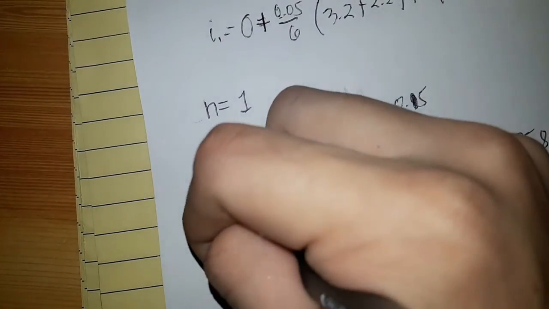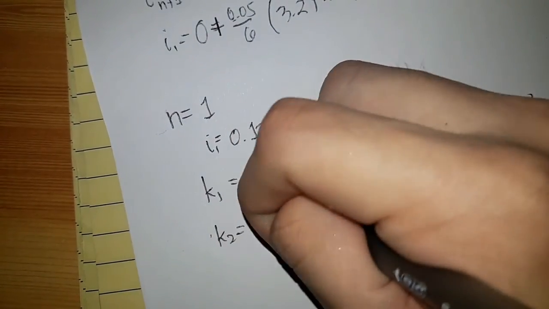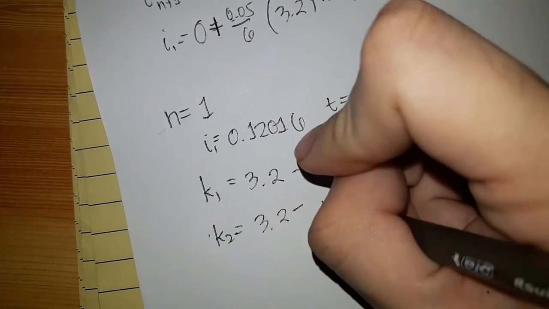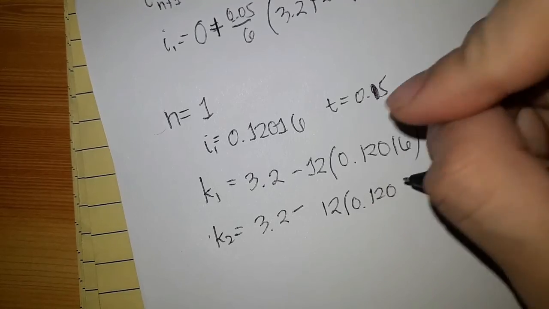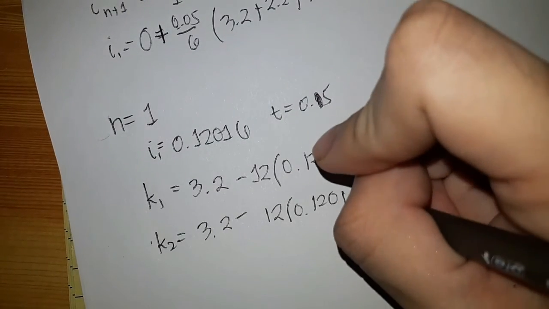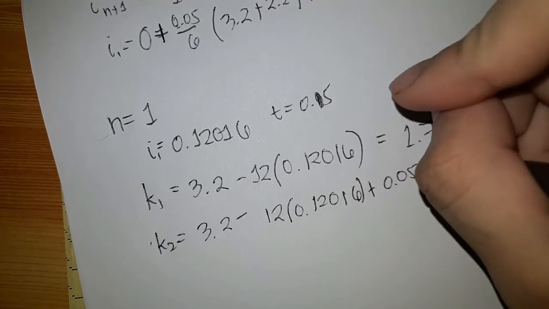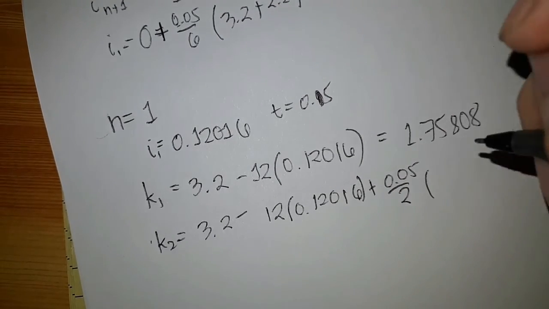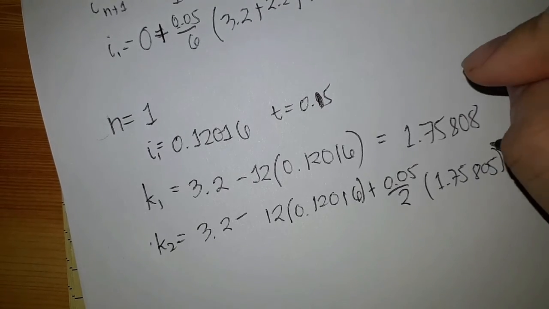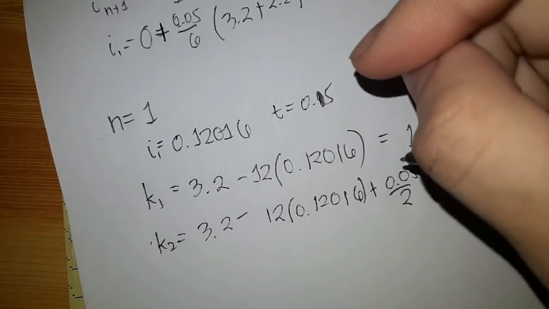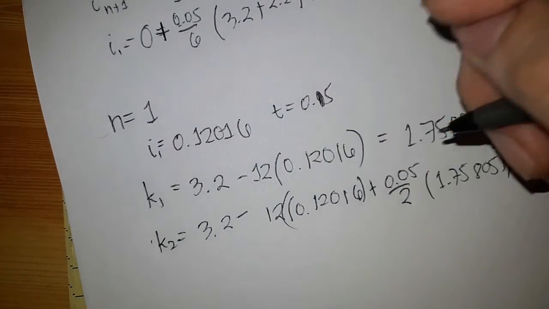So K2 is equal to 3.2 minus 12 times 0.12016 plus 0.05 divided by 2 times the value of K1, which is 1.75808. So this one is equal to 1.230656.